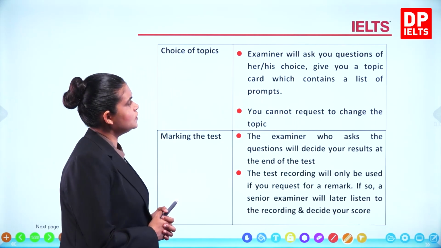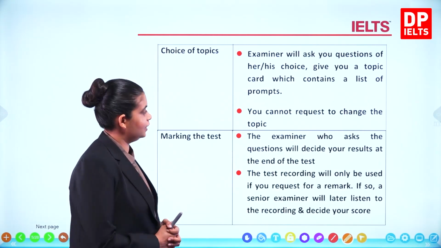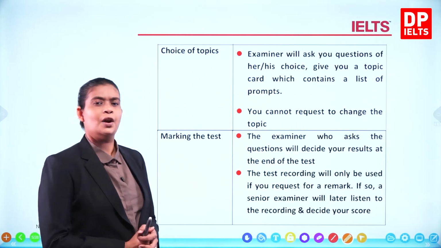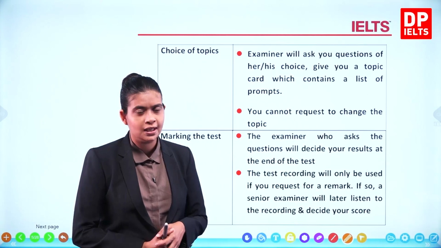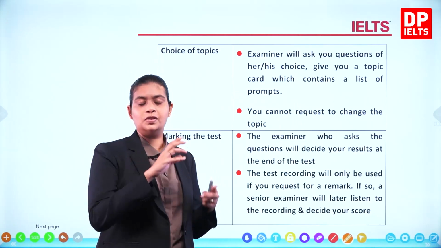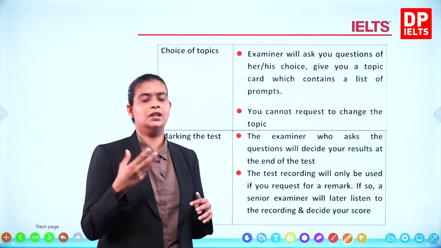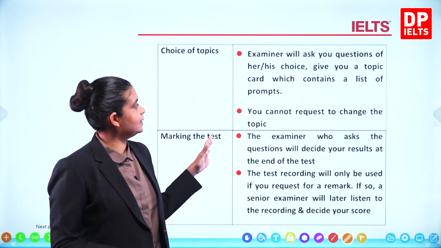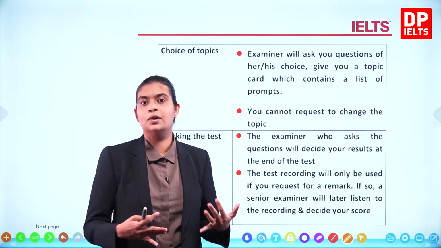Next, choice of topics. We can't pick and choose the topics that we like to talk about. The examiner will decide. What happens behind the scenes, which you don't see, is that before you walk into the test, the examiner has a test booklet with a number of tests, and decides which test they're going to give to which student.